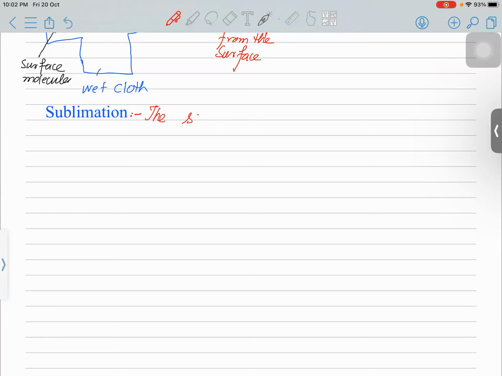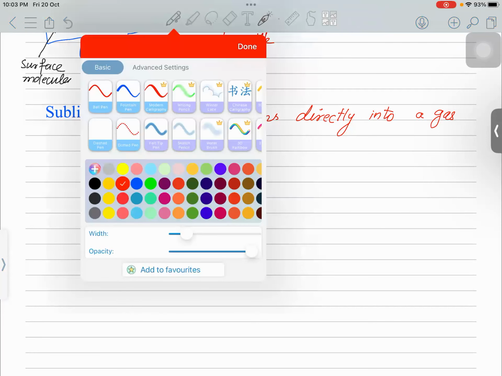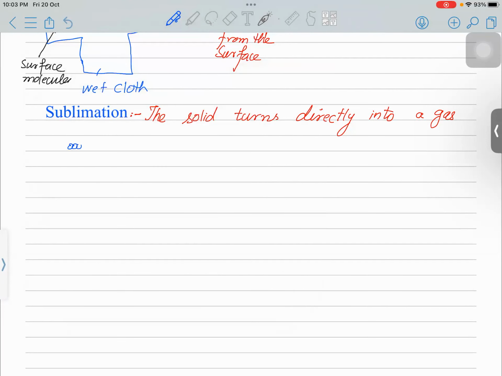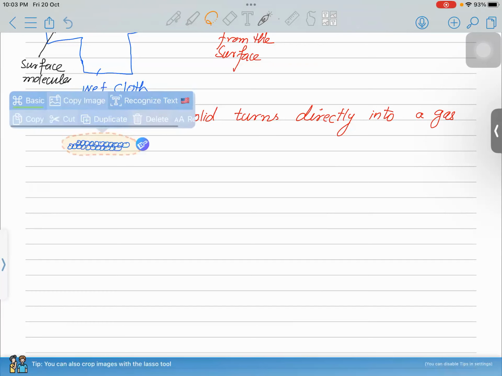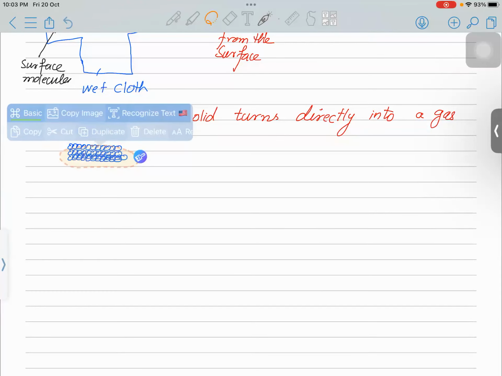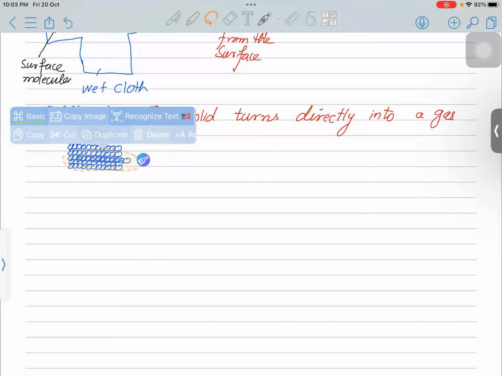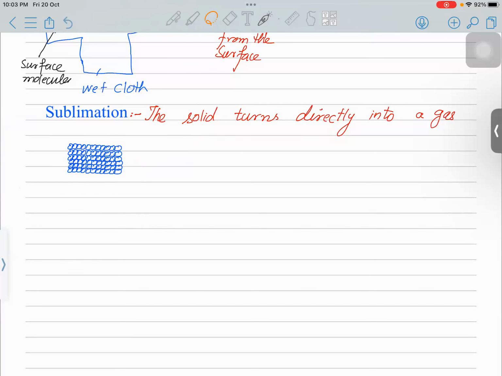Now, the solid turns directly into a gas. This is a solid particle.